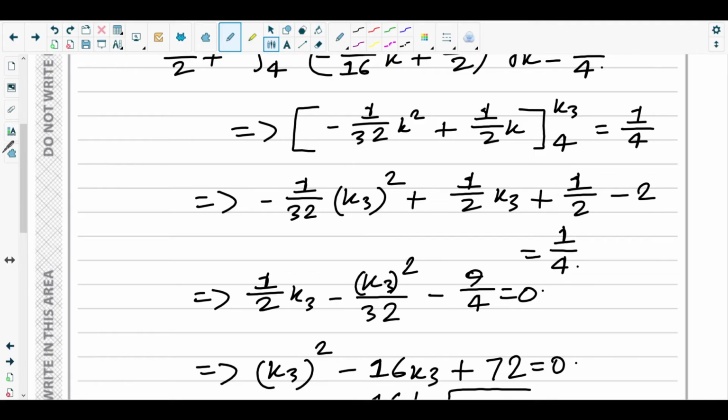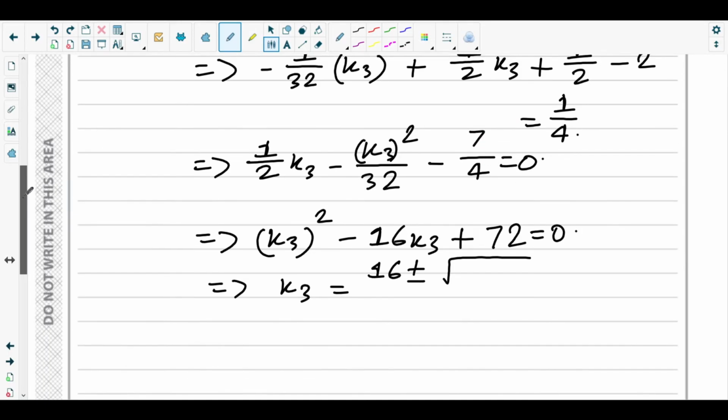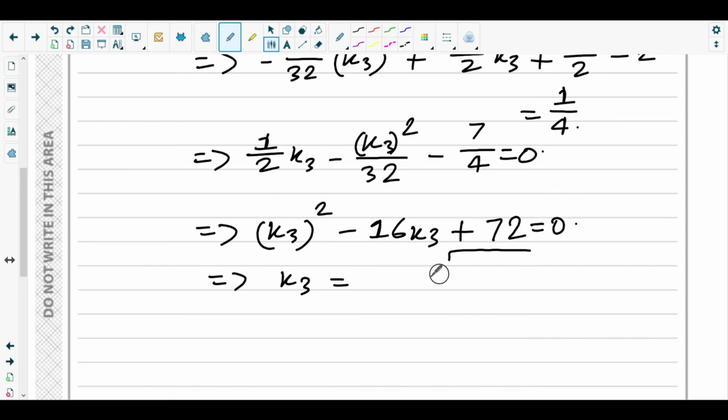1/4. Okay, half minus 2, 0.5 minus 2 minus 1 over 4. That would give you negative 7 over 4. Now it's perfect. Negative 7 over 4. Now if you multiply both sides by negative 32, you will get not 72 now. It will be negative makes it positive. That's fine. So 32 over 4 is 8, and 7 times 8 is 56.